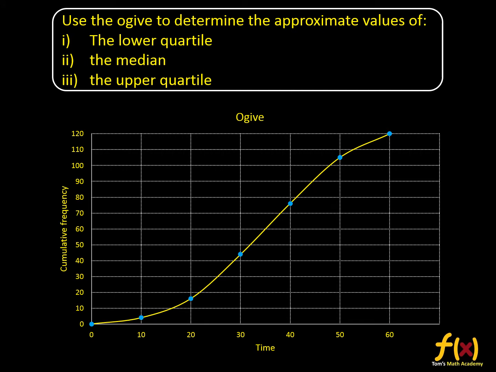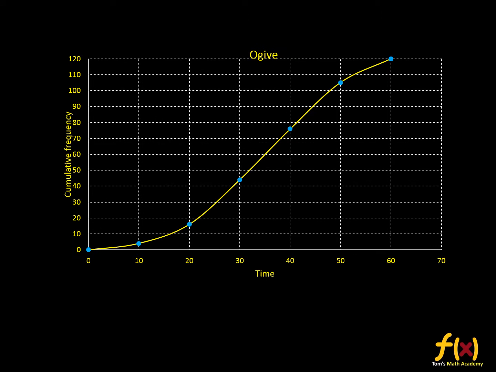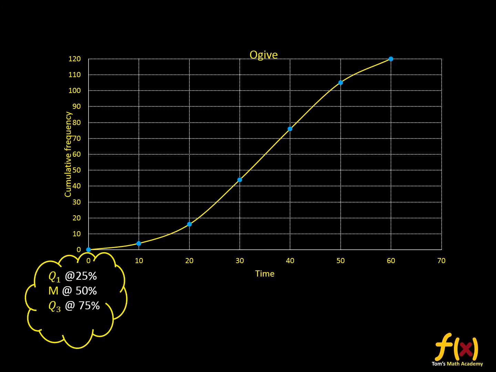Now, what is our question? You must find the lower quartile, the median, and the upper quartile using the graph. So, we must know this basic idea here. Q1 is at 25% of the cumulative frequency.